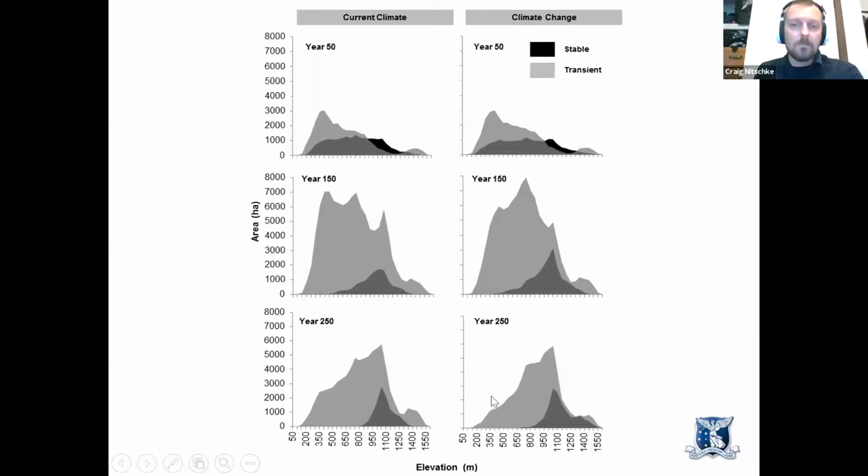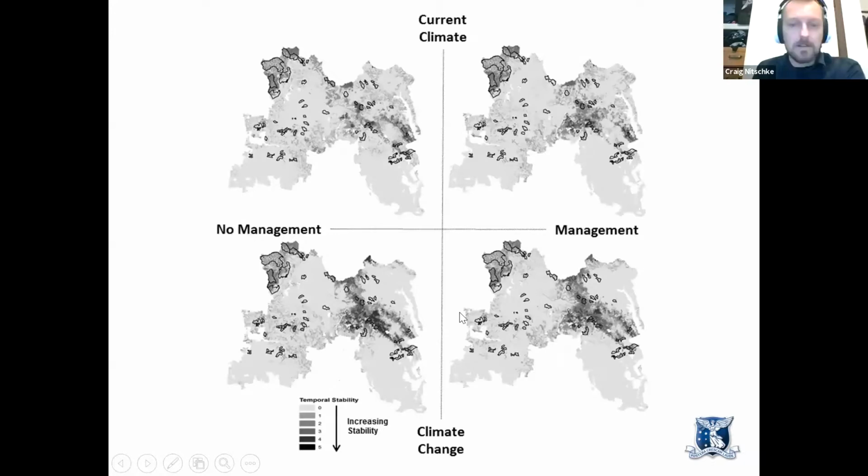Putting that all together in a spatial context, we can look at these 2 climate change scenarios and these with or without management. Now, we don't see much difference with and without management, but you can see the difference between the climate change scenarios. There's a lot more at this higher elevation through here. The darker colors indicate areas of greater stability. And these are the ones that we think about as refugia, for example, areas that provide habitat within disturbance.